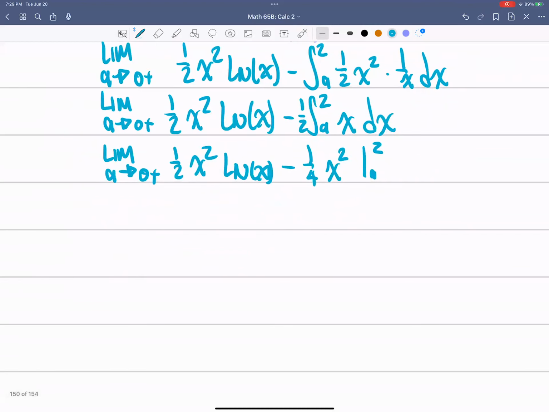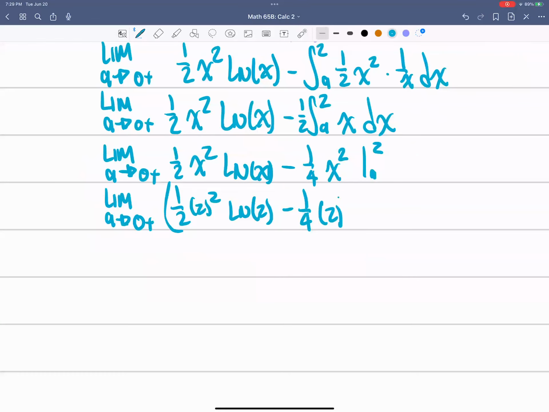And now let's evaluate. So we have still the limit as a approaches 0 from the right, 1 over 2 times 2 squared ln of 2 minus 1 over 4 times 2 squared.